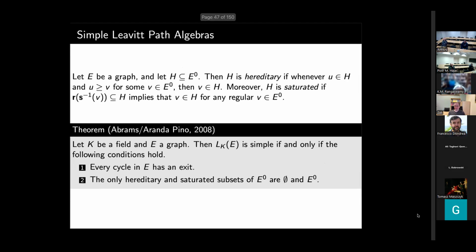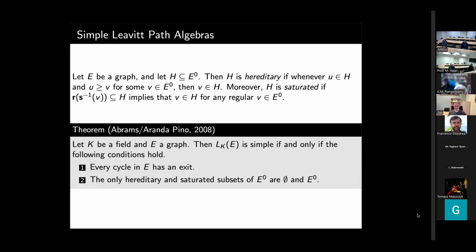And then we have the same thing for Leavitt path algebras. The condition on the graph is actually exactly the same, but it's stated in different language. I want to explain this too, just because it's going to come up throughout. Here, instead of talking directly about vertices, we talk about sets of vertices, hereditary and saturated. The first condition is the same: every cycle has to have an exit.